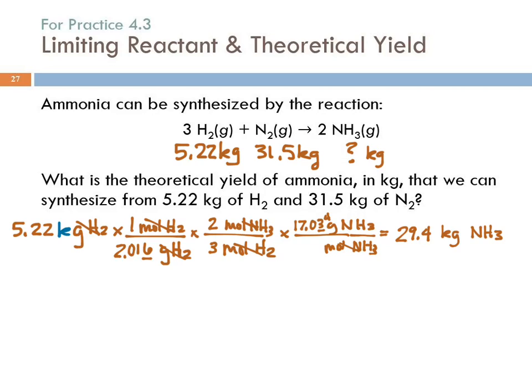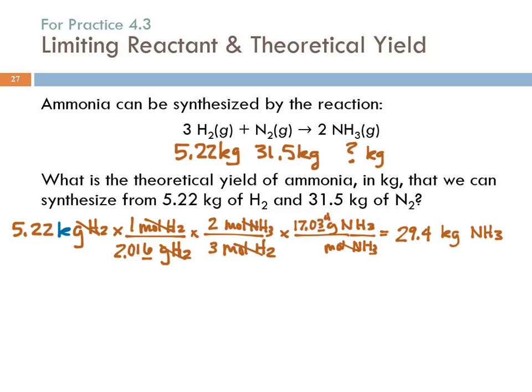So, are we done? Is this our answer? No, because we don't know how much ammonia we could make from this mass of nitrogen. So we're going to do a very similar calculation. And once you learn this pattern, doing the calculation is just not that bad.